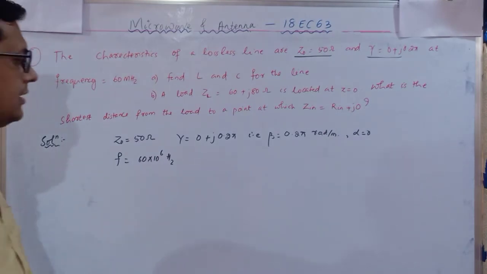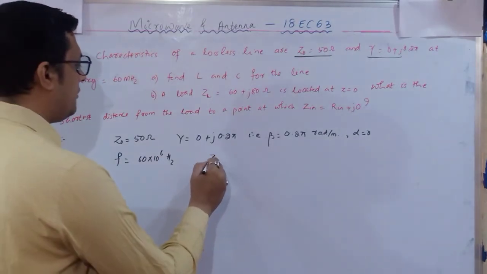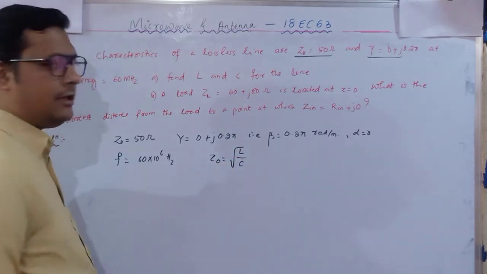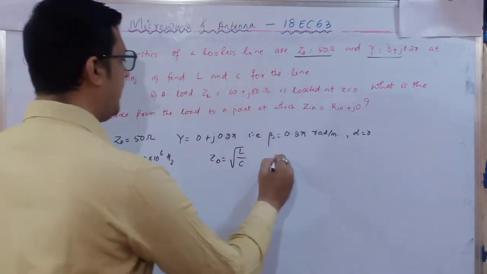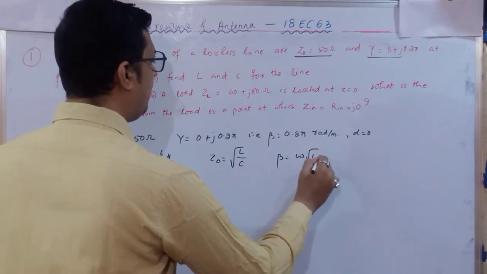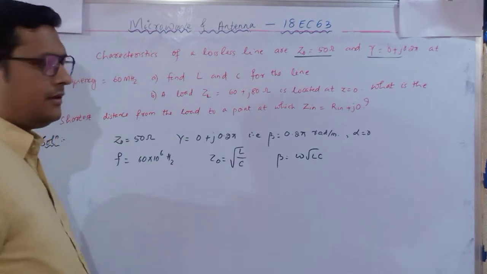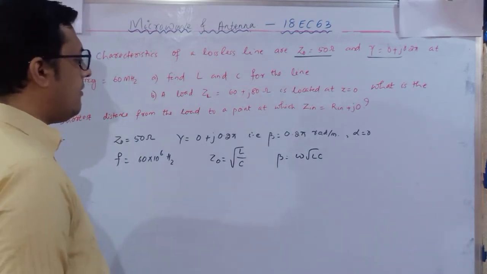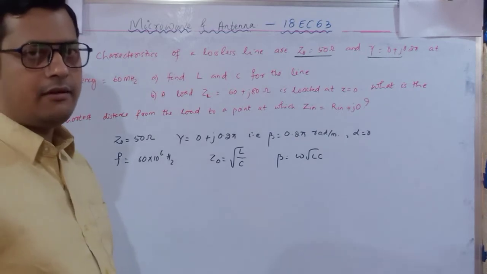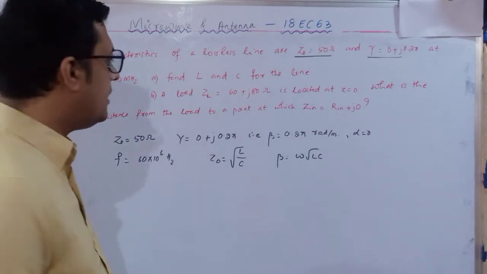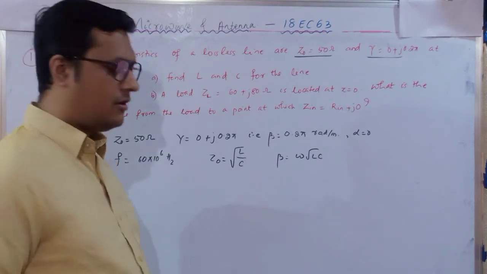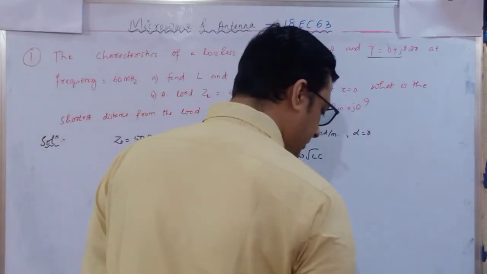It is an easy one. First of all, with the help of Z0, you can write root over of L by C. And beta we know is omega root over of LC. Now if you multiply Z0 and beta, you will get a relation in terms of L, or if you divide these two, you will get one more solution.